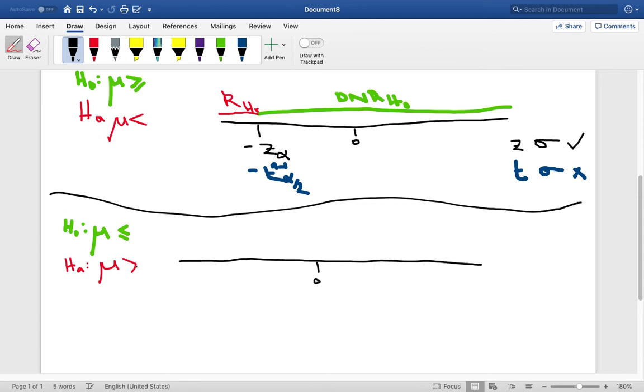The rejection region is going to be to the right-hand side of center. So our critical value is going to go in here. Our rejection region is going to be to the right of our critical value, so I'm going to put reject H0 in here.